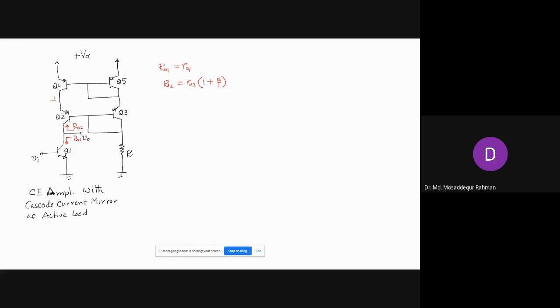You see what is the resistance here, R04, right? That is connected at the emitter of this. And then R02 will basically have this form: R02 times 1 plus gm2 times R04 in parallel with r pi 2.